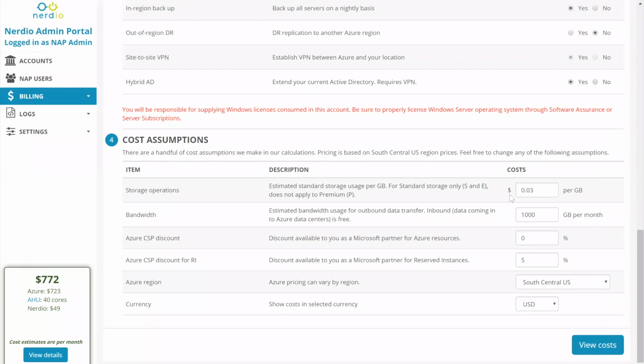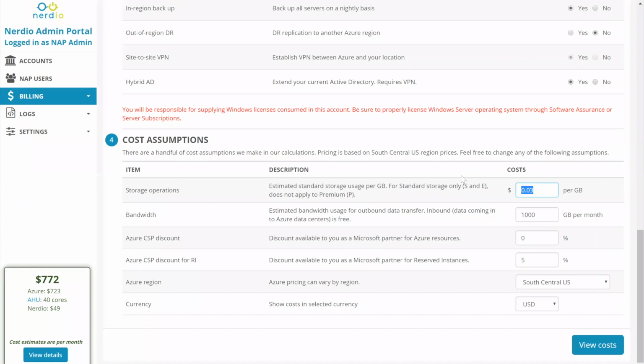So for example, the cost of a gigabyte in premium storage is about 15 cents, and the cost of a standard storage gigabyte is about 4 cents, and the cost of an E-disk, which is standard SSD, is somewhere in between, so like 9 or 10 cents or something like that. So we're basically tagging on another 3 cents by default for every gigabyte for standard storage, right? So this tells you very clearly this is standard storage only, not premium storage.